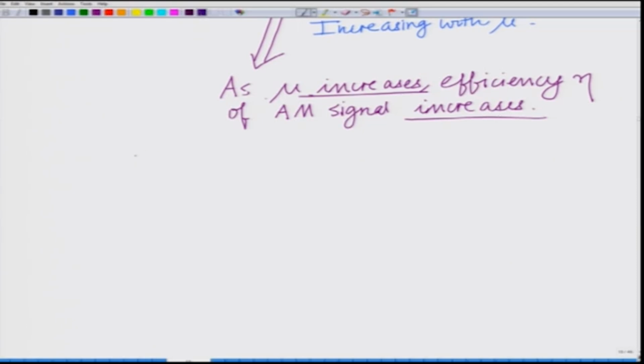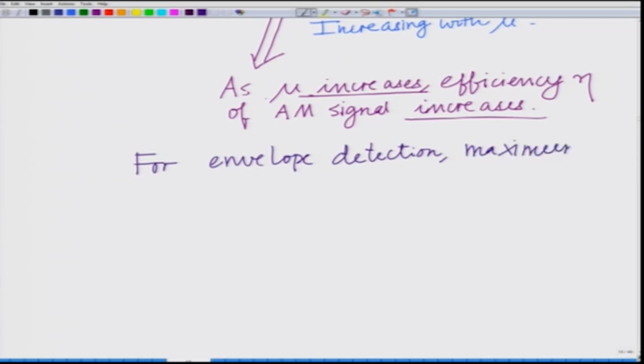For envelope detection, the maximum value of mu equals 1.